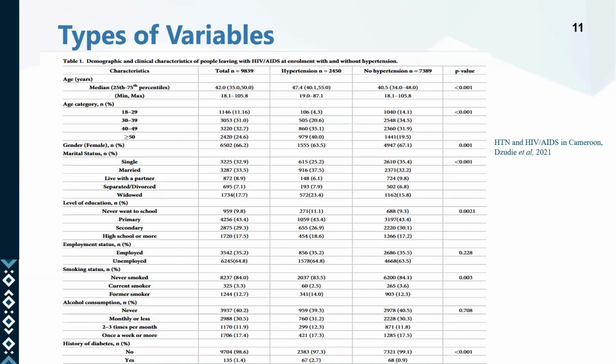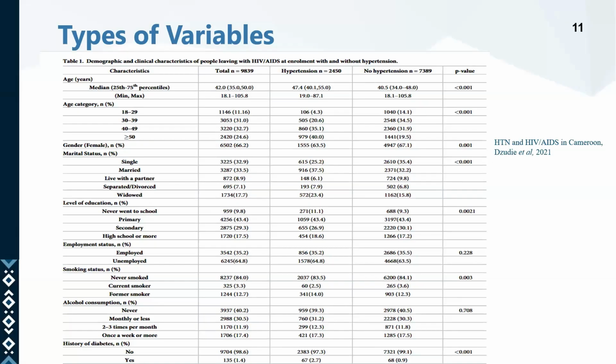So you can clearly see that we have whole numbers here, and we cannot say we have 1,146.2 persons who are aged between 18 to 29. So this is a quantitative or numerical variable, but the subtype here is discrete because it can't take any decimal places. It takes only whole numbers.